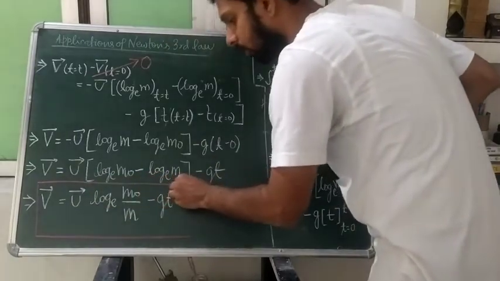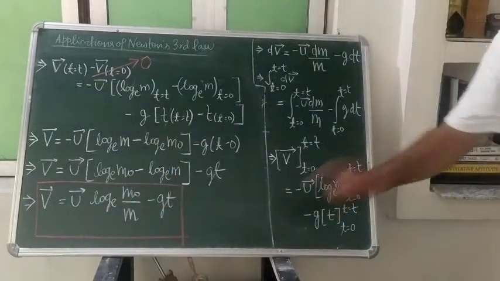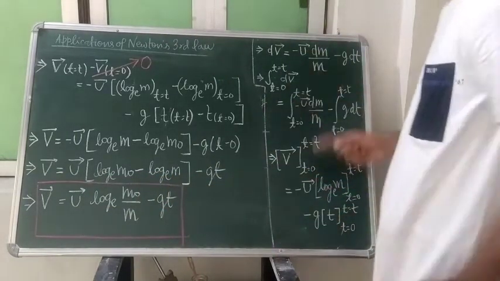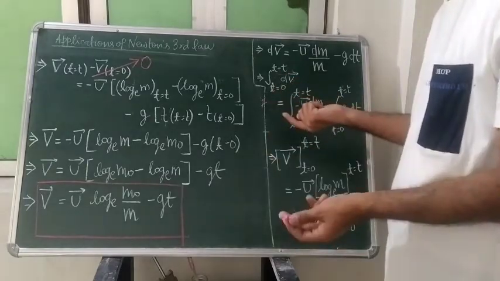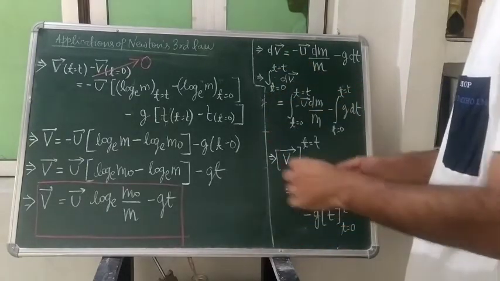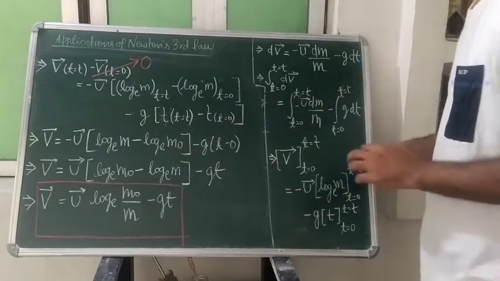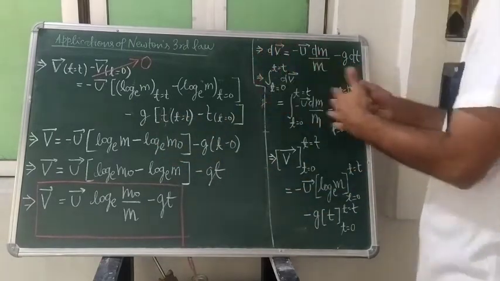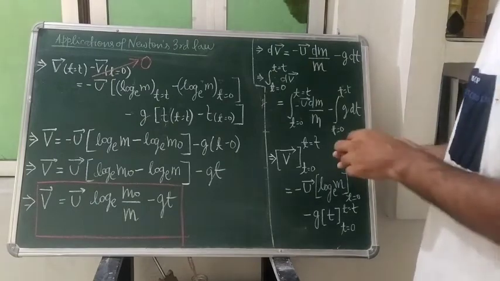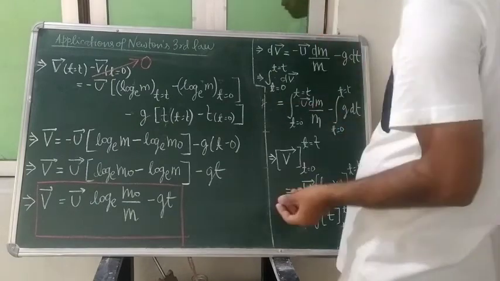The expression of that velocity we will get like this, because we integrate the acceleration, which we write as dv upon dt. When you integrate dv, you will get the velocity.